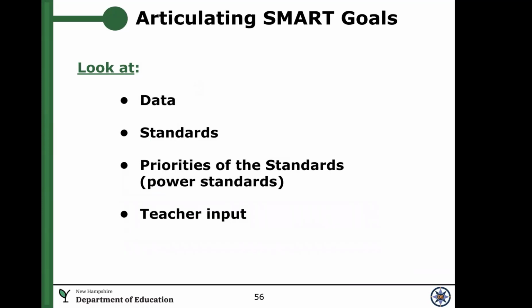We want to make sure that whatever we're doing for a year-long goal isn't one of the supplemental standards that we have, but it's really one of the big standards that we need to cover. We don't want to spend a lot of time on it if it's something that's not necessarily one of the priorities for our particular grade level. And then we're going to have teacher input on what that means to be able to get students to where they need to be.